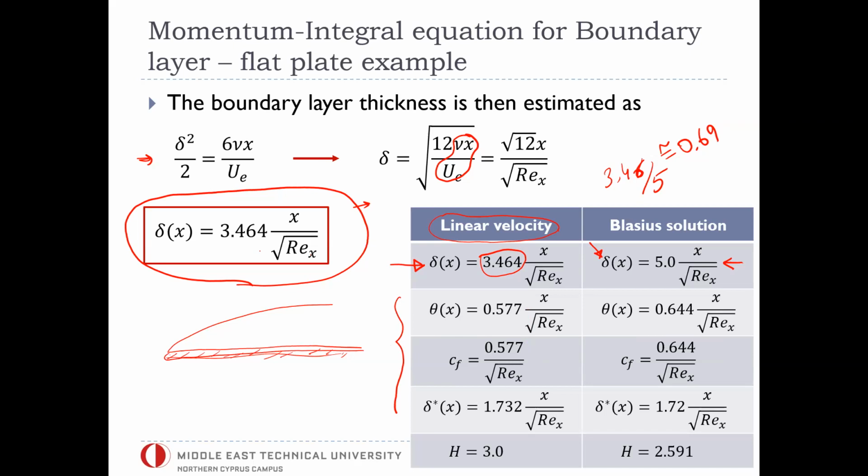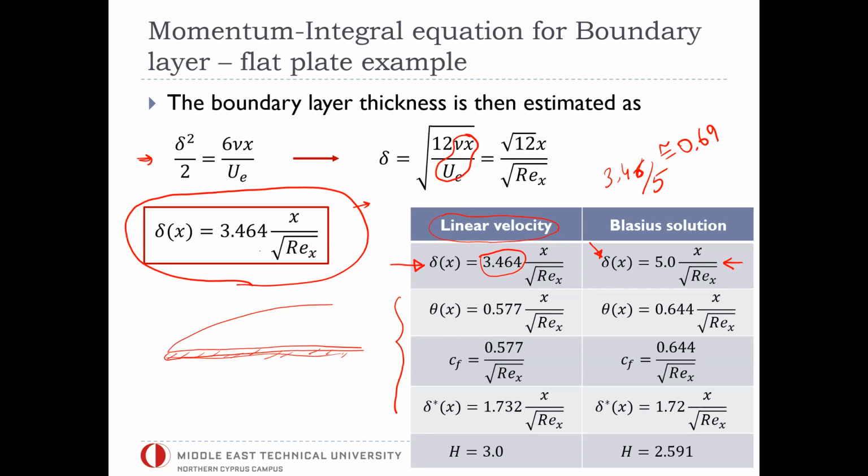Delta star is very slightly over predicted. If you remember, delta star was related to mass flow conservation. And regarding the shape factor, H, the linear velocity assumption a little bit over predicts it compared to Blasius's solution.